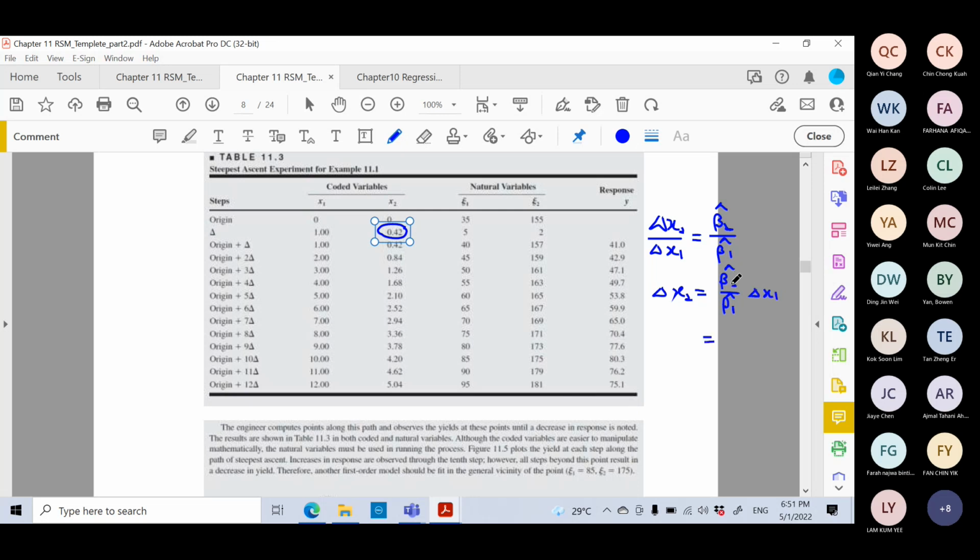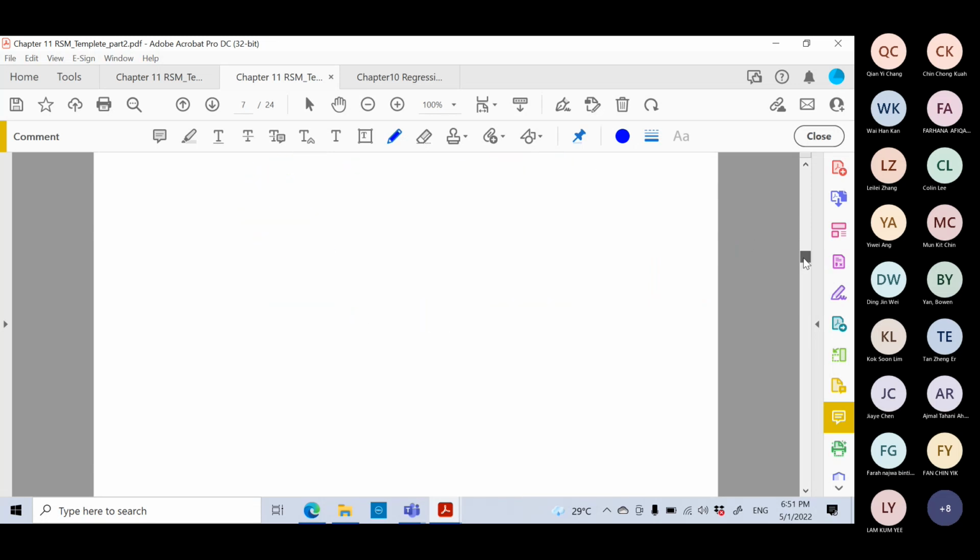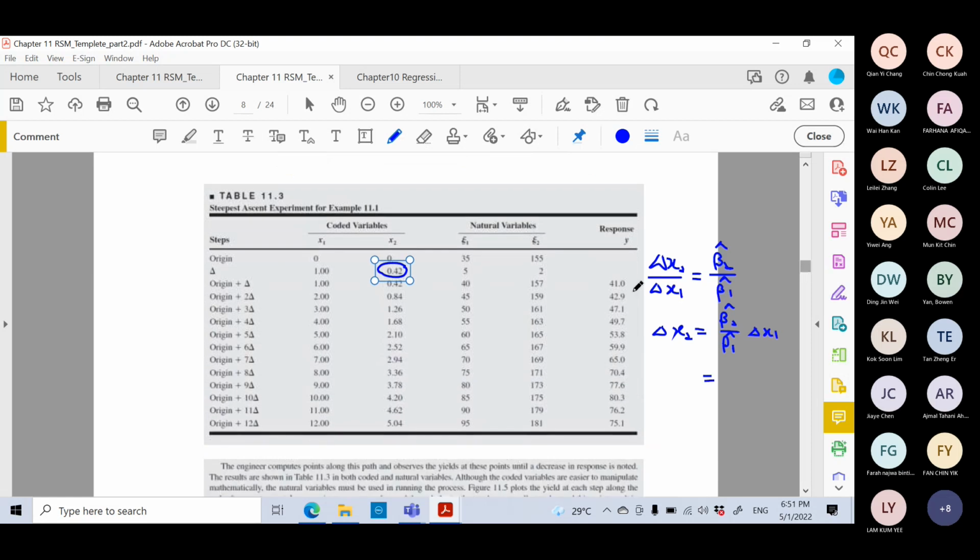Okay, so the beta 2 hat here, just now we have a formula. This one is beta 1 hat, this one is beta 2 hat, 0.325. So therefore you get 0.325 divided by 0.775 times delta x1.